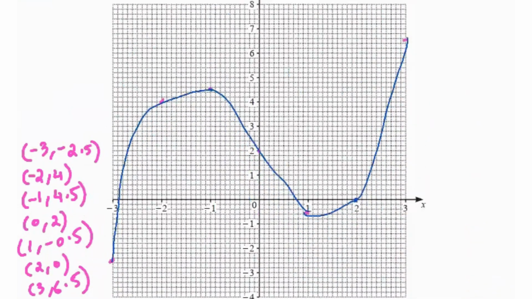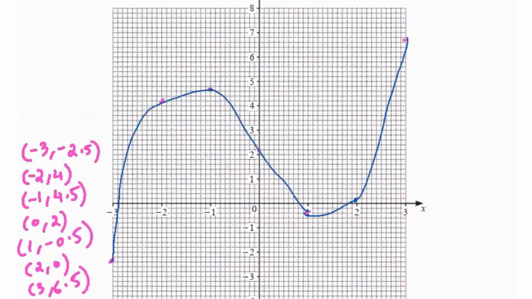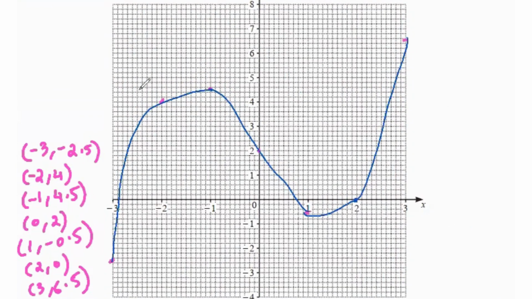So where x is greater than 0, and they're talking about the minimum point. This is your maximum point because it's upside down, and this is your minimum point. So the minimum point is going to be over here.